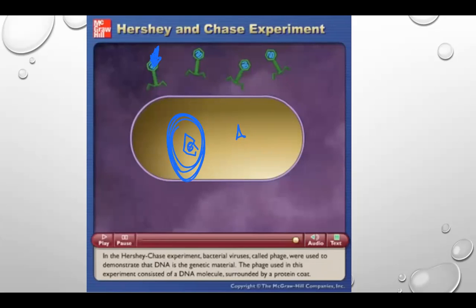If labeled with sulfur, which is what the protein was labeled with, then we'd know protein is the genetic material, but it wasn't, it was the phosphorus. So by being able to trace the genetic material from the virus to the bacteria, they were able to determine that DNA was in fact the genetic material. I hope that makes sense.